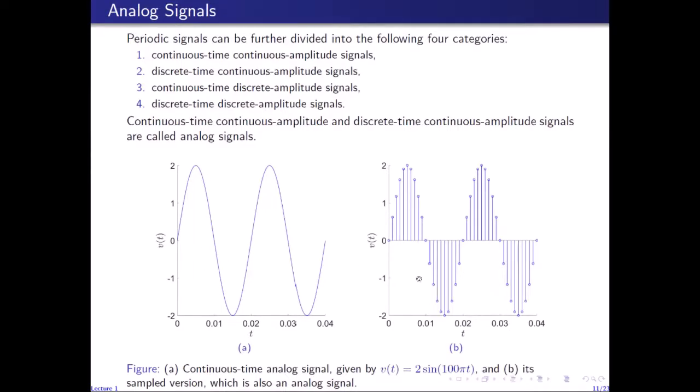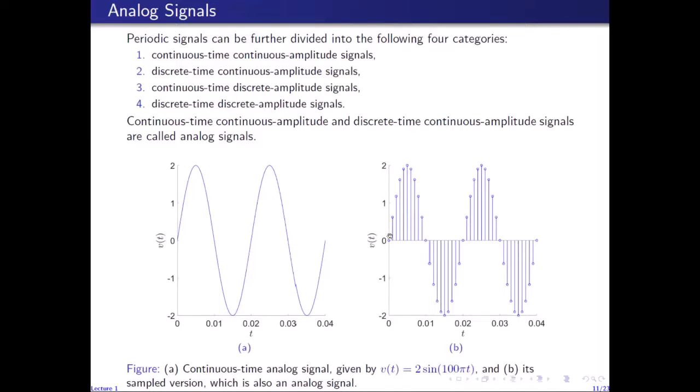On the right is shown the sampled version of this signal. So I take samples of this signal on the left at discrete times, and I get this signal. So this is a discrete time, but still continuous amplitude signal because the amplitude of the sample is still varying continuously in this range from 0 to 2 and back to 0. So the amplitude of the sample depends upon the sample value.